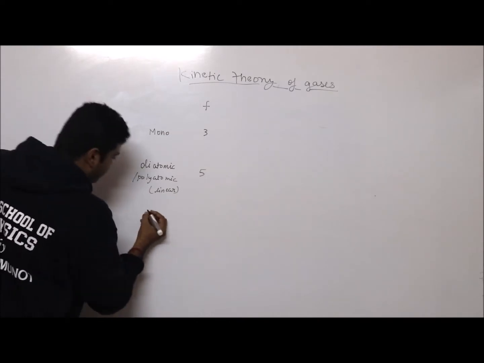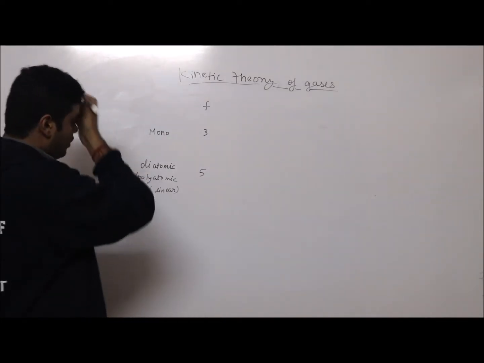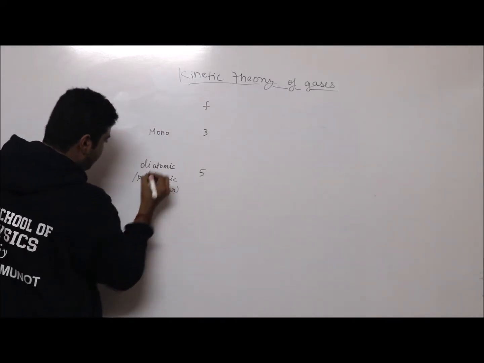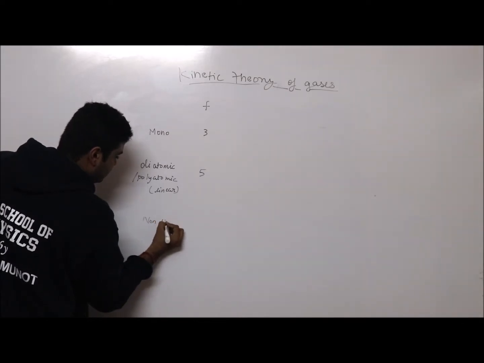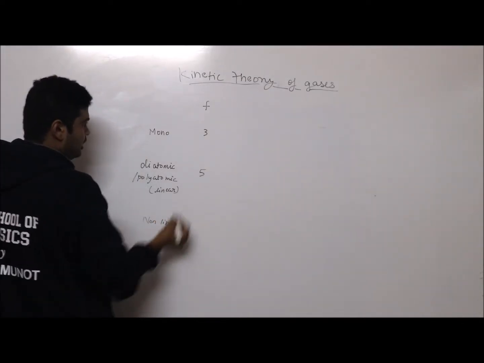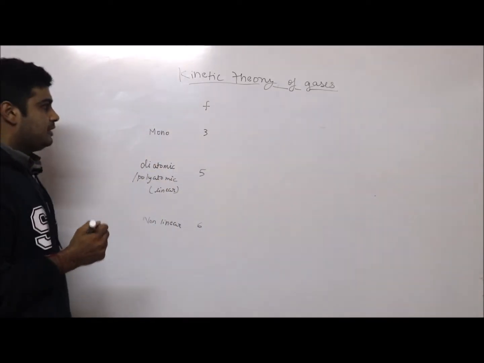Then for diatomic and polyatomic, non-linear, the degree of freedom is 6. Now this chart is going to be very important.